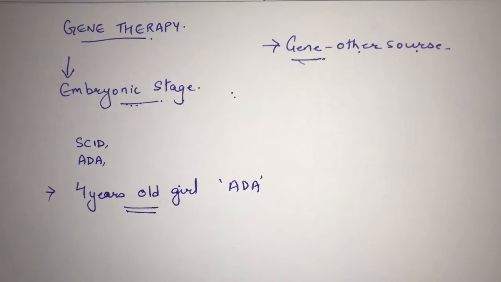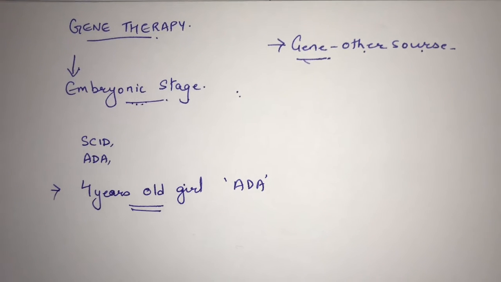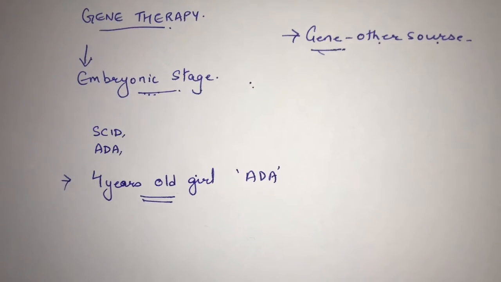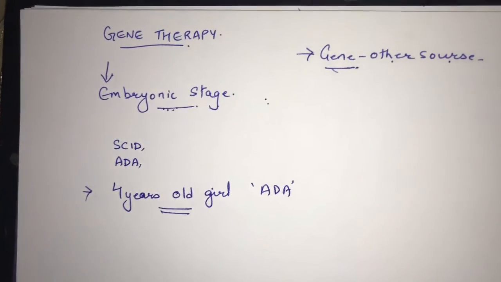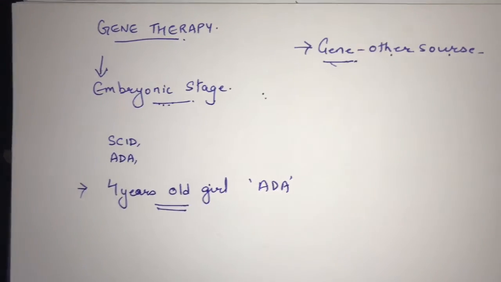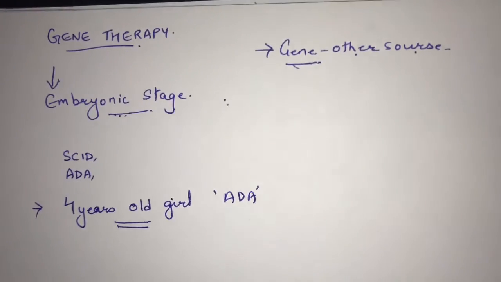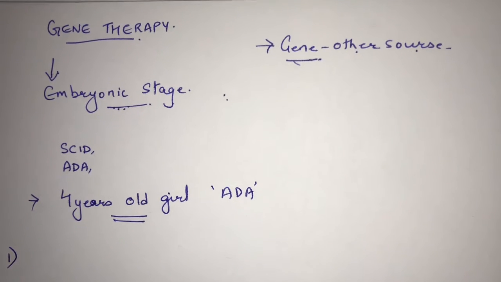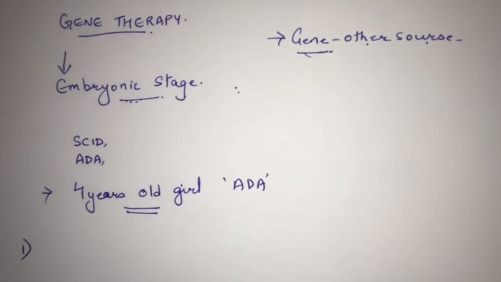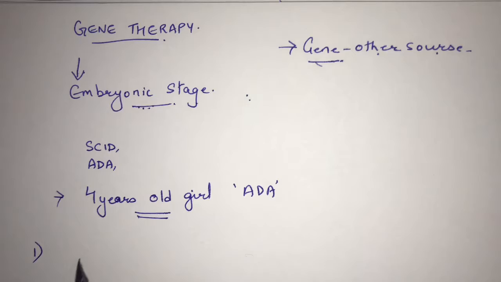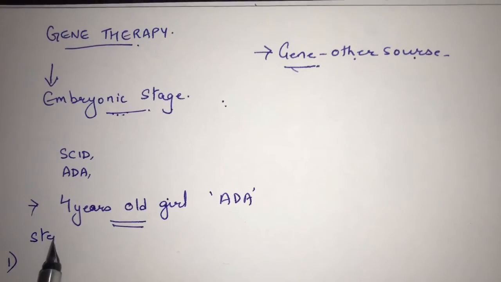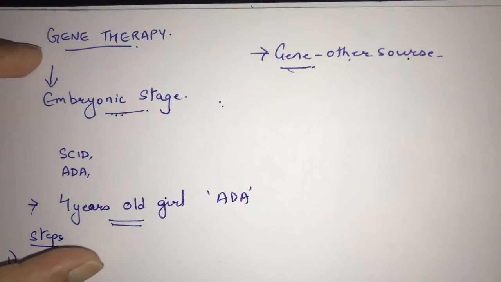Now what did they do? That is, how can a genetic disorder be corrected by gene therapy? These steps are just general knowledge.